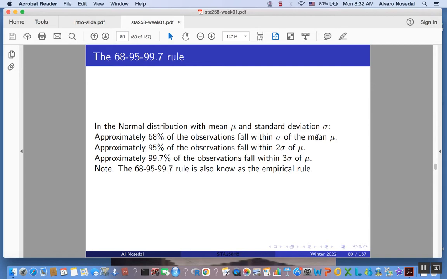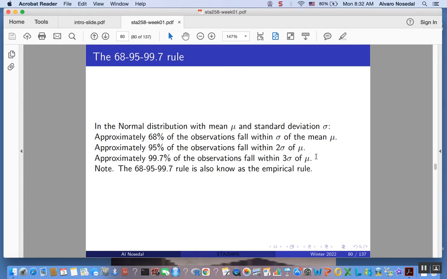On the other hand, if you pay attention to the following interval, mu minus 2 times sigma and mu plus 2 times sigma, you will have roughly 95% of the observations.